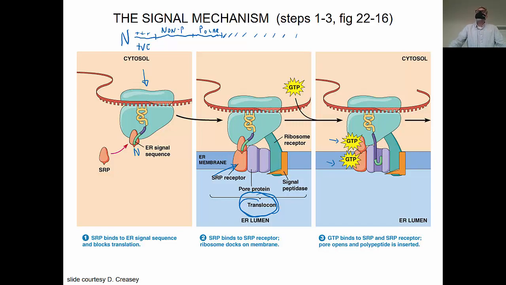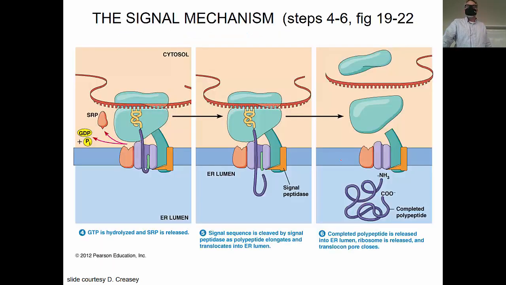Both the receptor and the SRP bind to GTP, and both of them have GTPase activity. So those 2 GTPs get hydrolyzed to GDP, and this restarts translation.